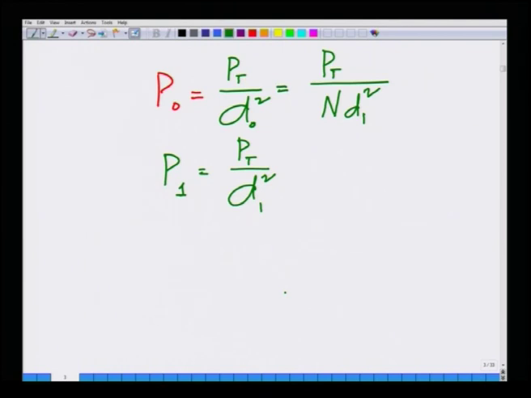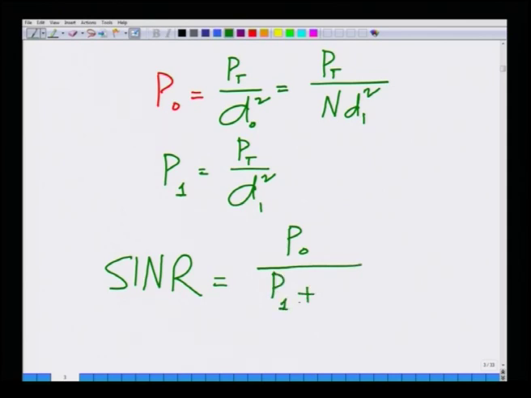Now, when we write the expression for the received SINR at user 0, the SINR equals P naught divided by P 1 over n plus sigma n square over n.